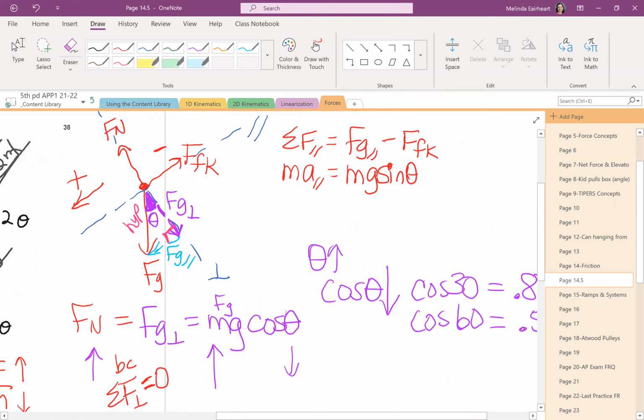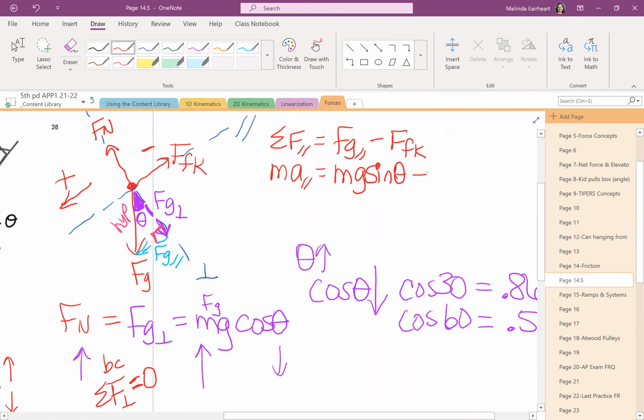And then frictional force, we got our new equation. What's our new equation for kinetic friction? It's kind of on the formula chart. They don't specify kinetic.